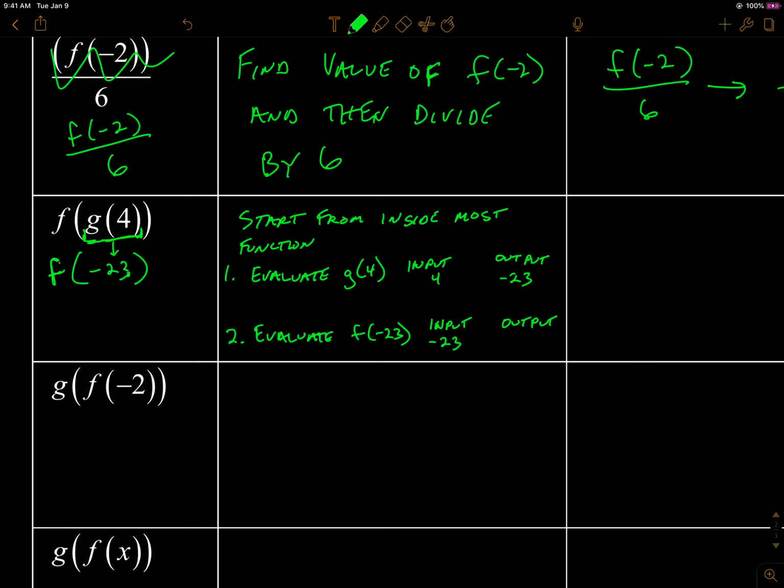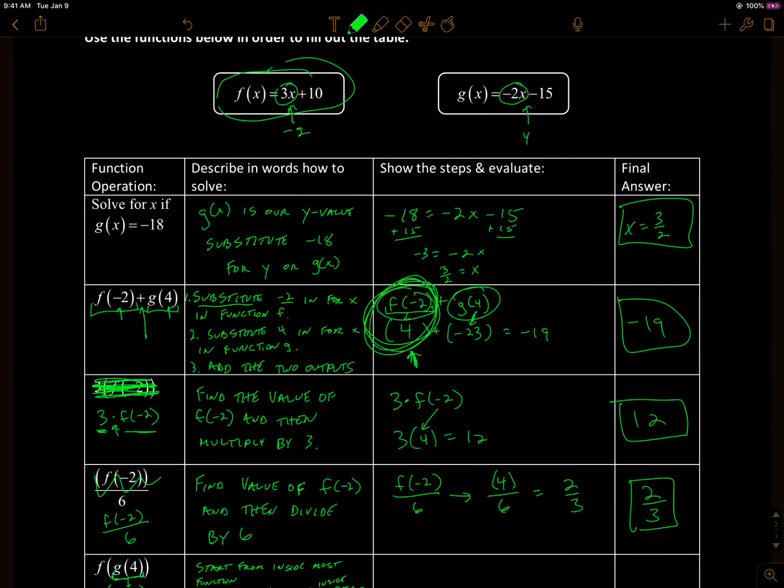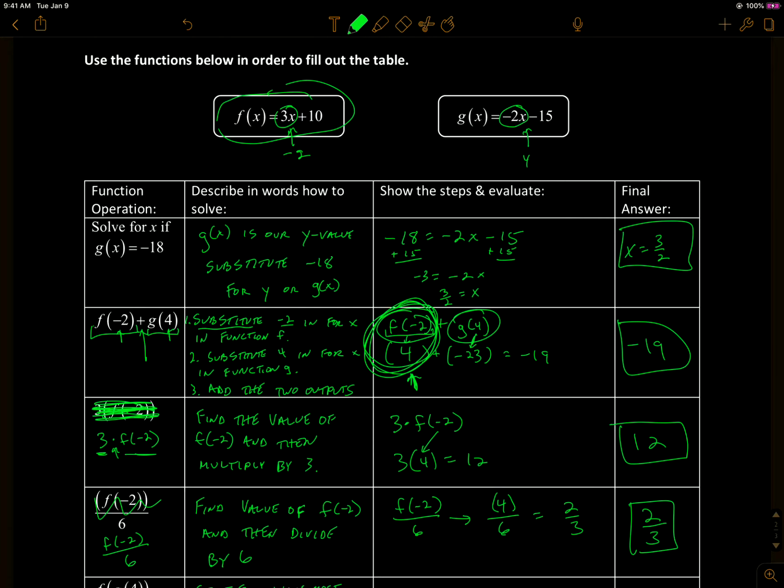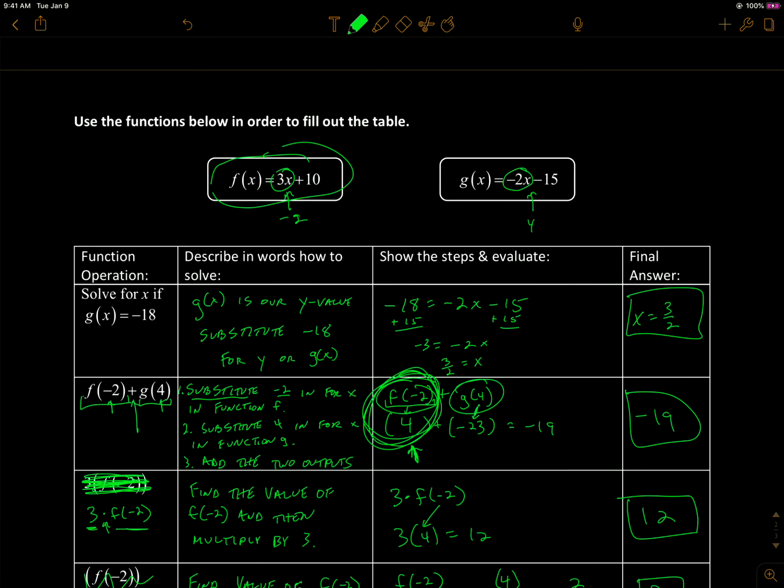In composition of functions, that's what happens. The output of the inner function becomes the input for the outer function. Whatever you get out of the first function now becomes the input into the other function. So f of negative 23, we have to now go plug that in to f, and let's see what happens.